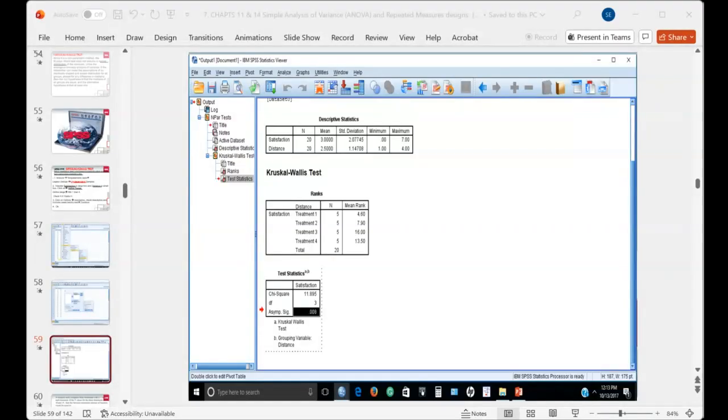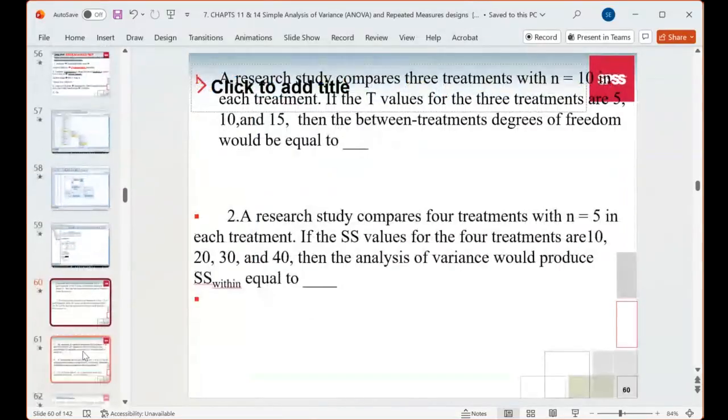That is less than 0.05. So yes, we reject the null if we had to do a Kruskal-Wallis. And it has other information for you, again, the mean, standard deviation, and all that, so you can put it in your research paper or dissertation.